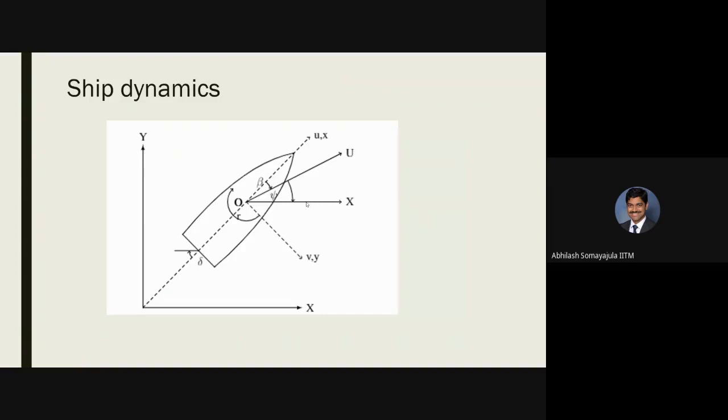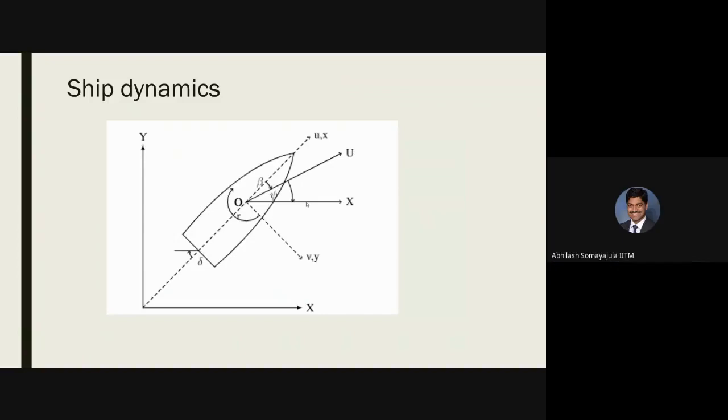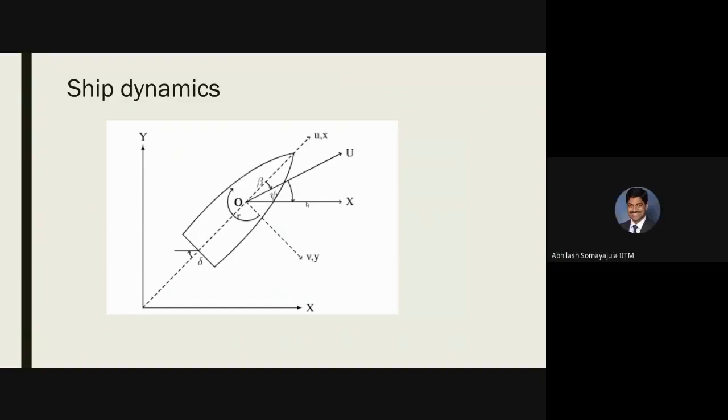Angular velocity is the time derivative of the heading, isn't it? Yes, sir. So it should not, but in your equations of motion that you're solving, is psi dot taken as r? Yes, it is taken as r. Okay, then there is a problem.